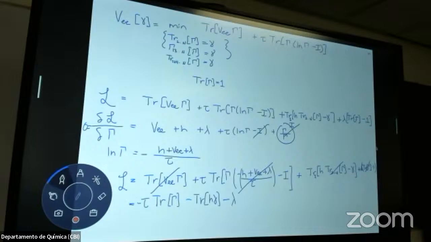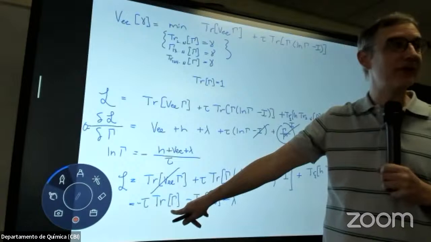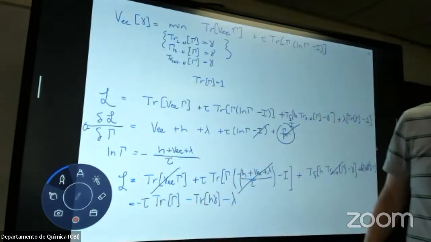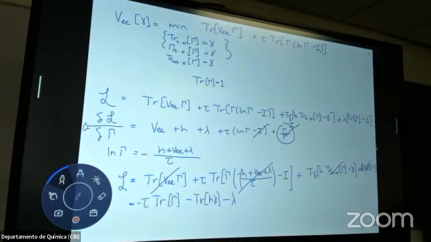Now, this still doesn't get me all the way to where I want to go, because I still have this gamma in here, and this isn't super nice.